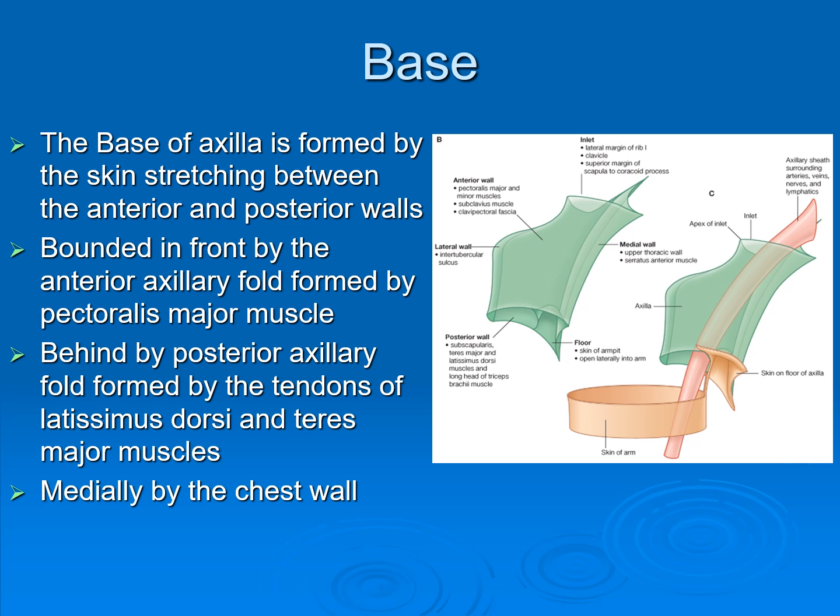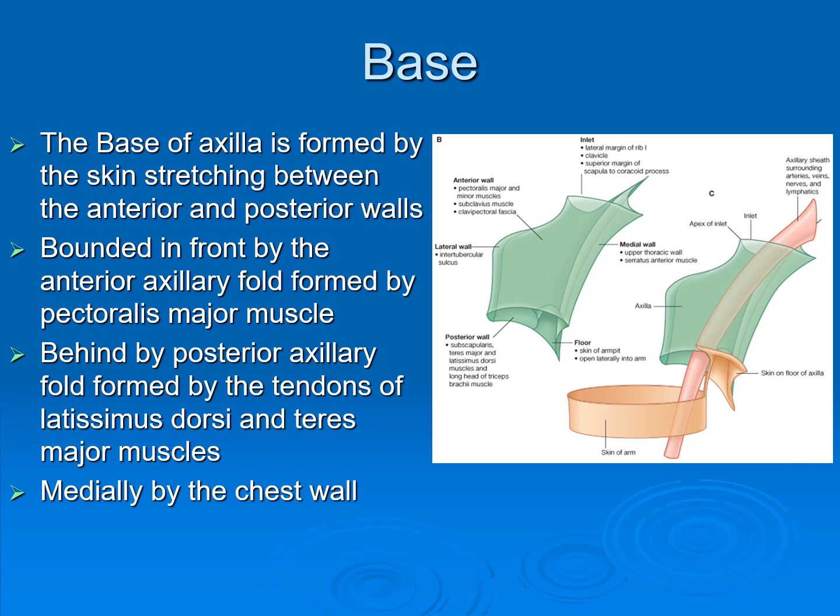And then when we look at the base, it is just made up of the skin. That's what we conventionally call the armpit. When we try to close that space between your upper arm and the chest wall, which is the armpit, that is what we colloquially call it.